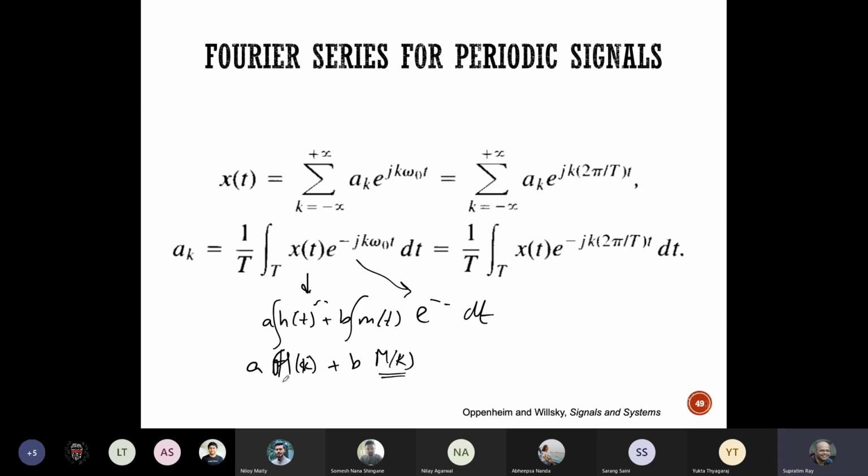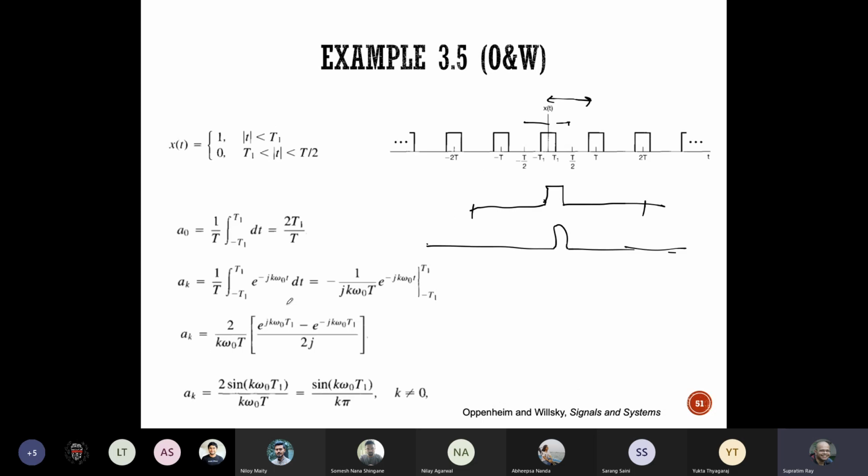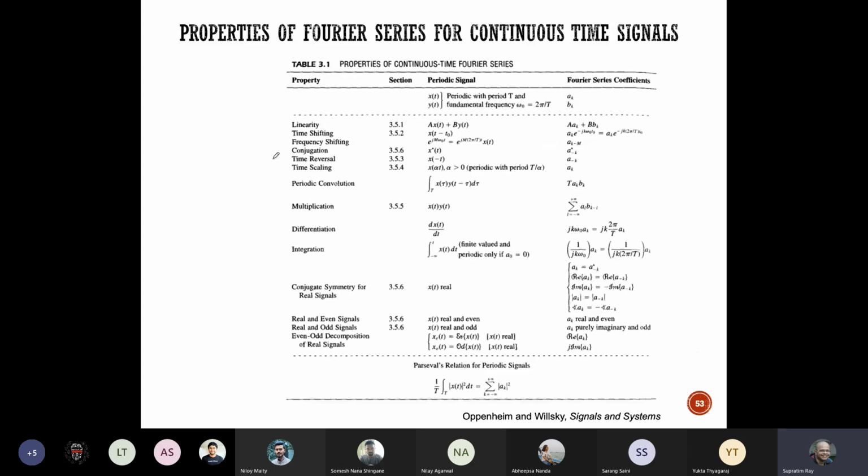I'm just representing them as this right now. Okay, so this linearity is easy to see, right? This should be quite straightforward. So the Fourier transform is linear.